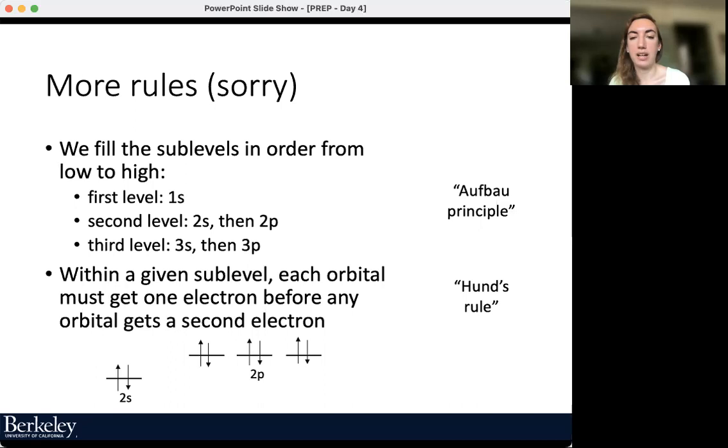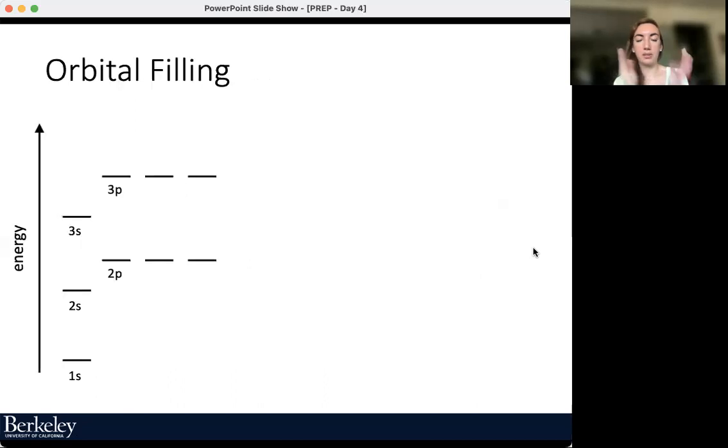Okay, so I have another animation on the next slide that maybe will help. So these are the buckets that we're going to worry about for the purposes of this class. We're always going to start from low energy to high energy, and our first energy level is just going to have the 1s orbital.